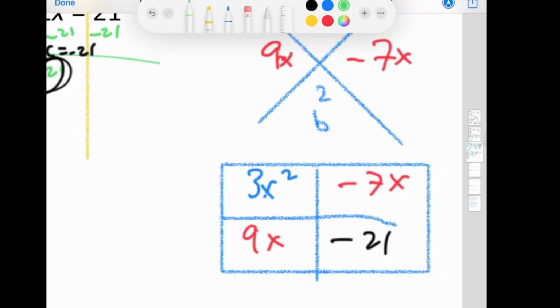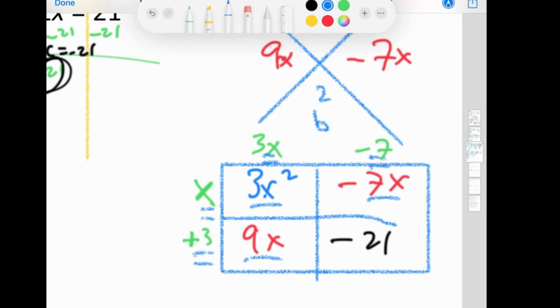Okay, so let's go through the rows. x is your greatest common factor between 3x squared and negative 7x. This one looks to be a 3. I'm thinking a positive 3. If I go up here to the top column, that would be 3x and negative 7. Does that work? Yes, it does. Check your answer. x times 3x, 3x squared. x times negative 7, negative 7x. 3 times 3x is 9x.